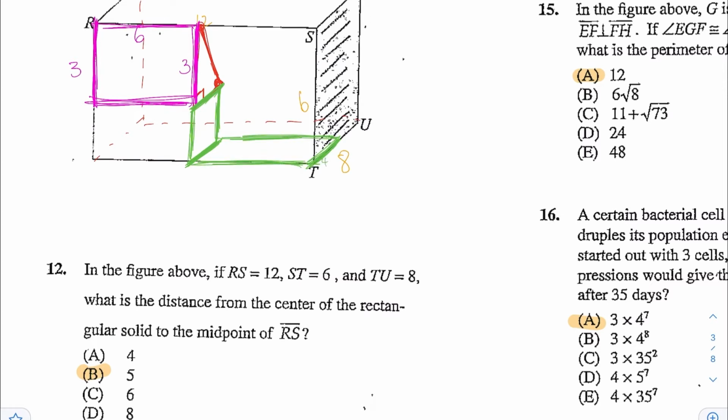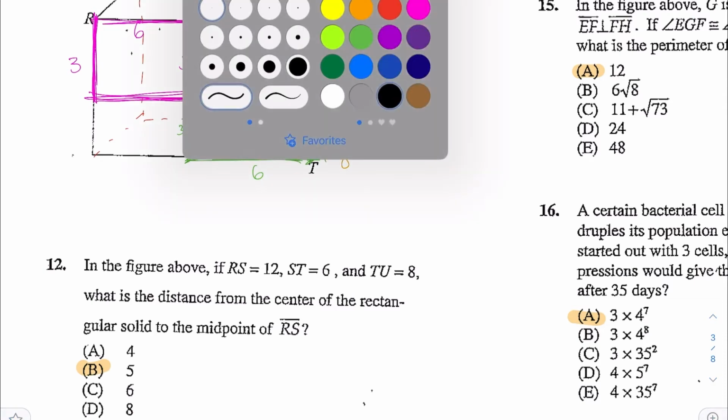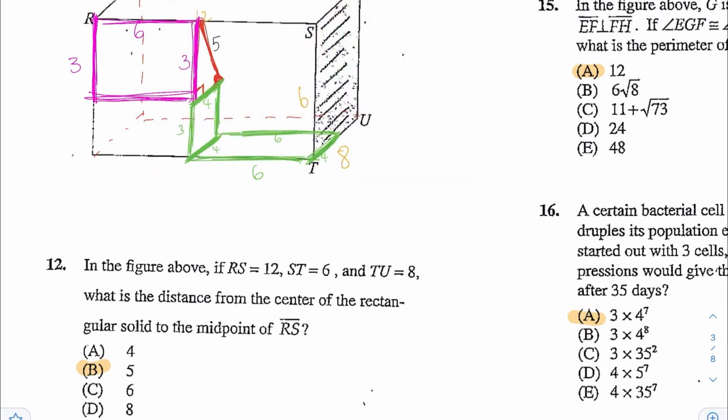So it's only going to be 4. All right, and those are the other lengths. So here you essentially have a 3, 4, 5 special right triangle, because this piece that's diagonal would have to be 5.